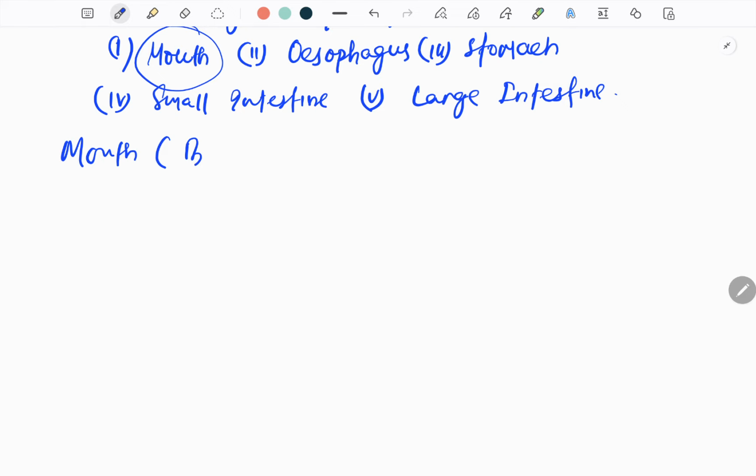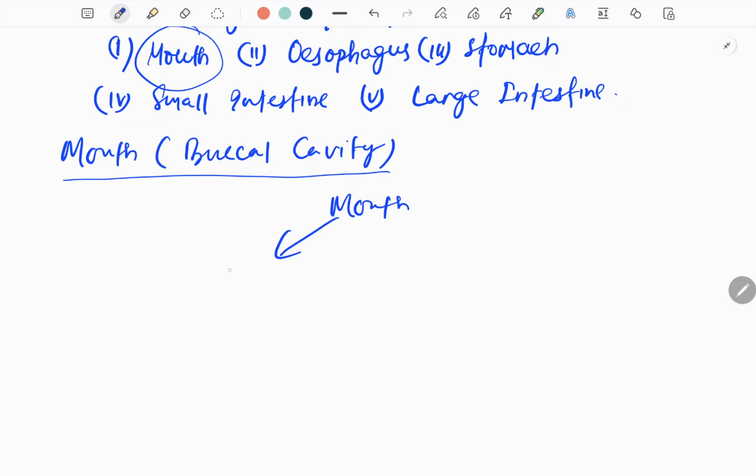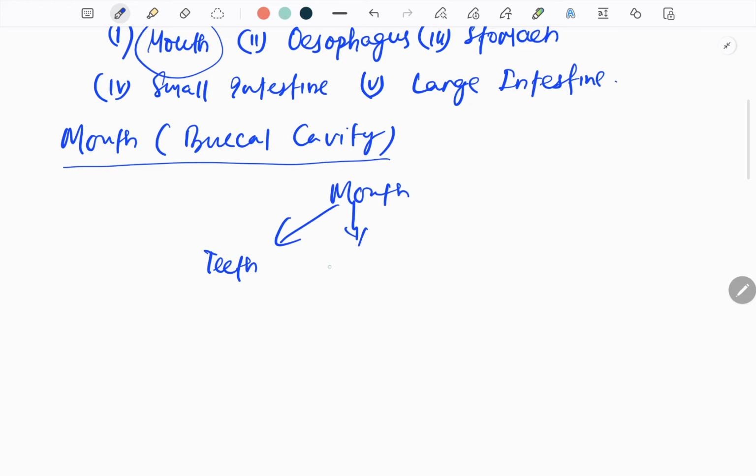In the buccal cavity there is a set of teeth, 32 in number, a muscular structure called tongue, and finally salivary glands.